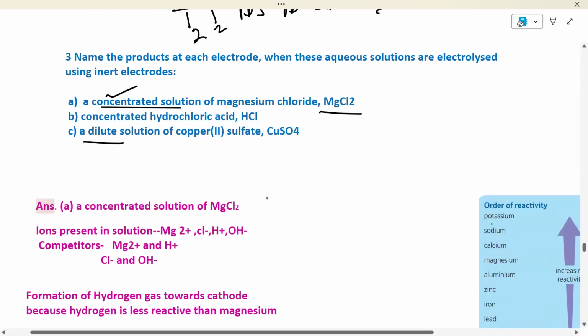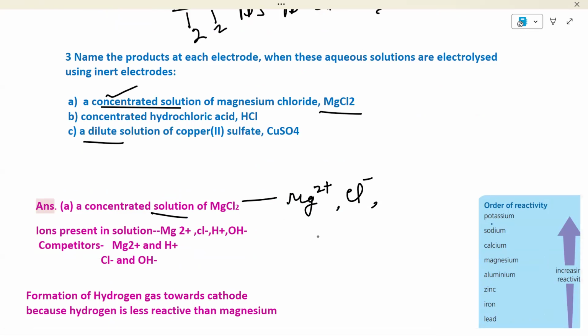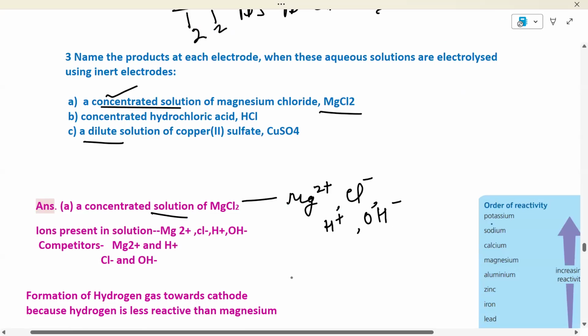Let's see the ions present in concentrated magnesium chloride. The ions present in solution: Mg2 plus, chloride ion, because water is here. Water is also here because it is a solution. Although it is a concentrated solution, there must be some few hydrogen ions and hydroxide ions, H plus and hydroxide ion, right?